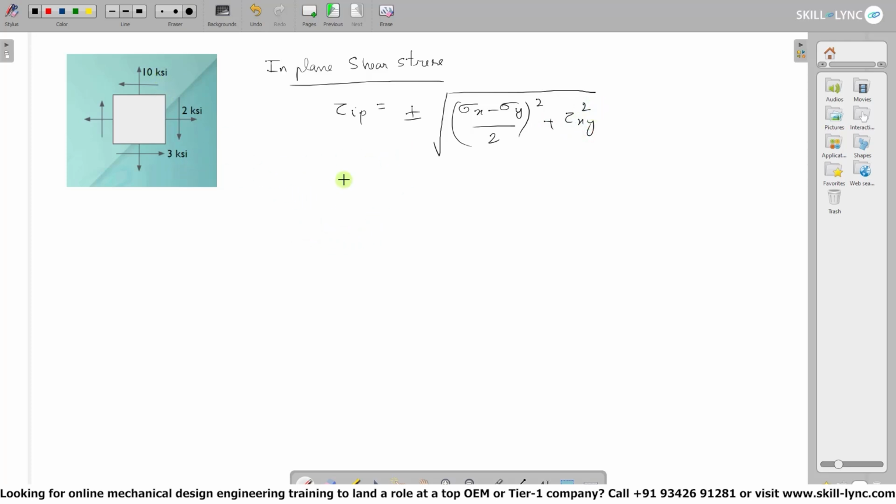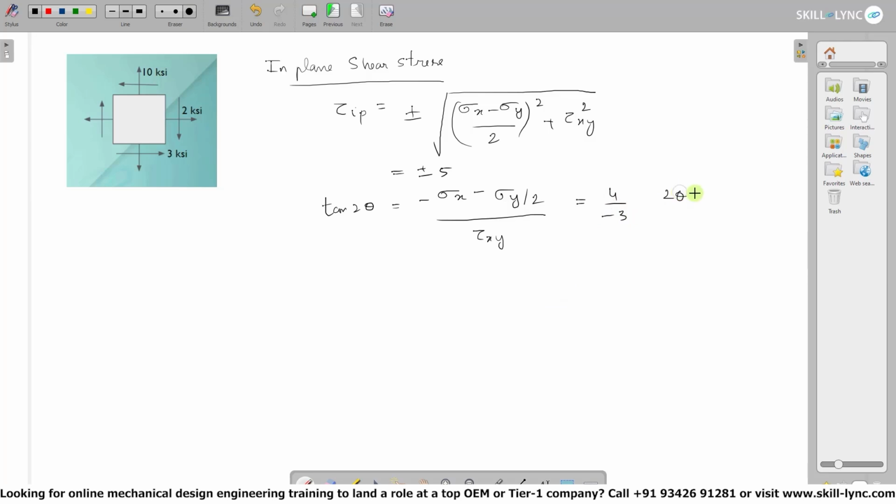We already know the given values, and if we substitute all these values inside, we get a value of plus or minus 5. Our next plan of action would be to find out the theta value, and that can be found out using the tan 2 theta formula for shear stress, and that will be tan 2 theta is equal to minus sigma x minus sigma y by 2 divided by tau xy. After substituting, we'll get tan 2 theta as 4 by minus 3.